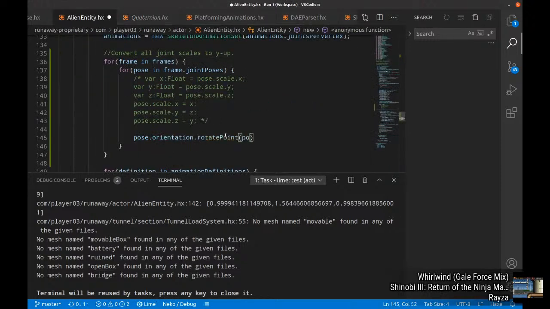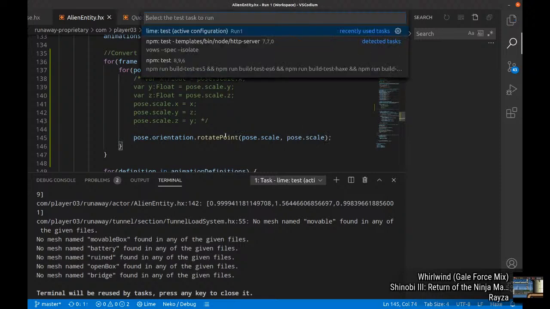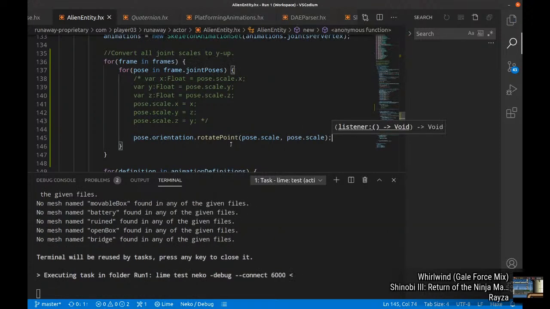Rotate point. So I guess our first order of business is to simply try this.